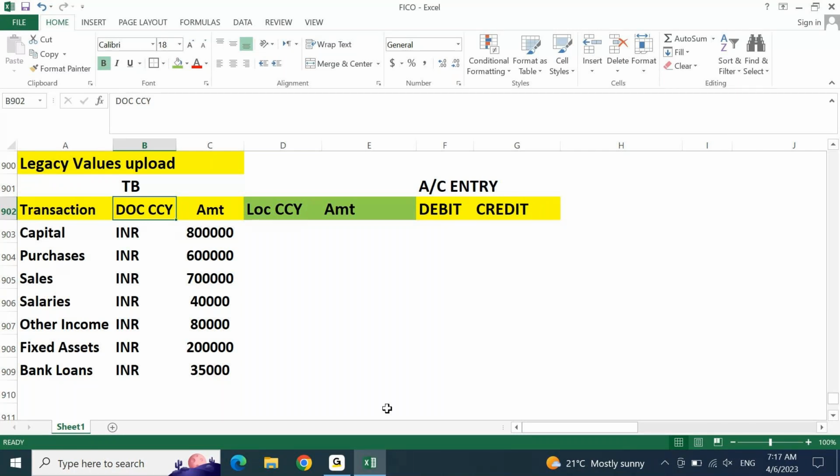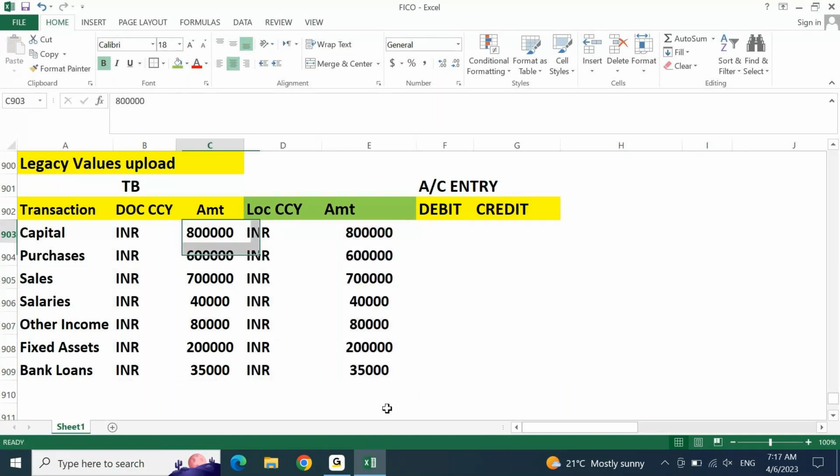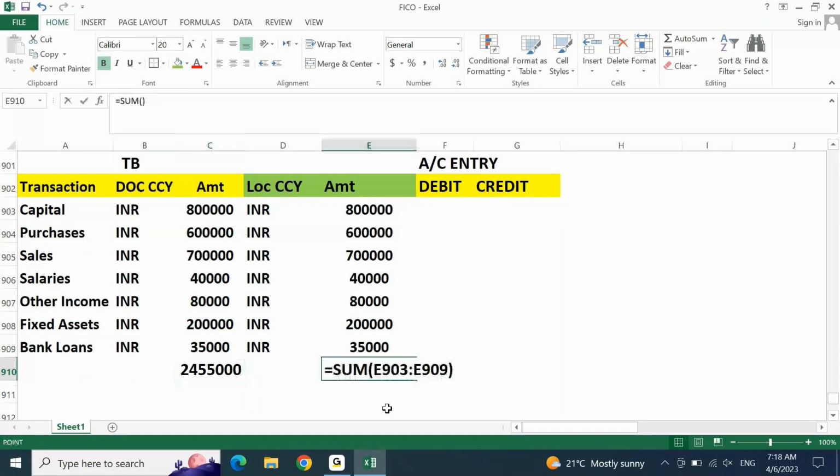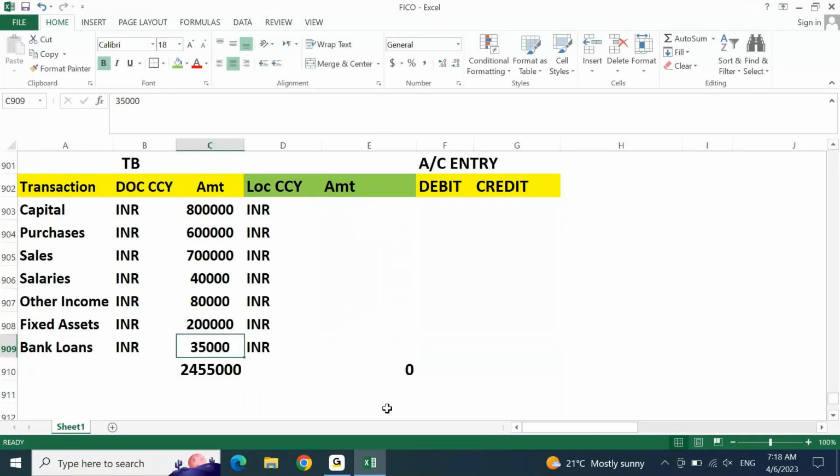Now everything is INR, so your local currency also will be the same. Now I have to ensure this becomes zero. Now I'll copy paste from here.